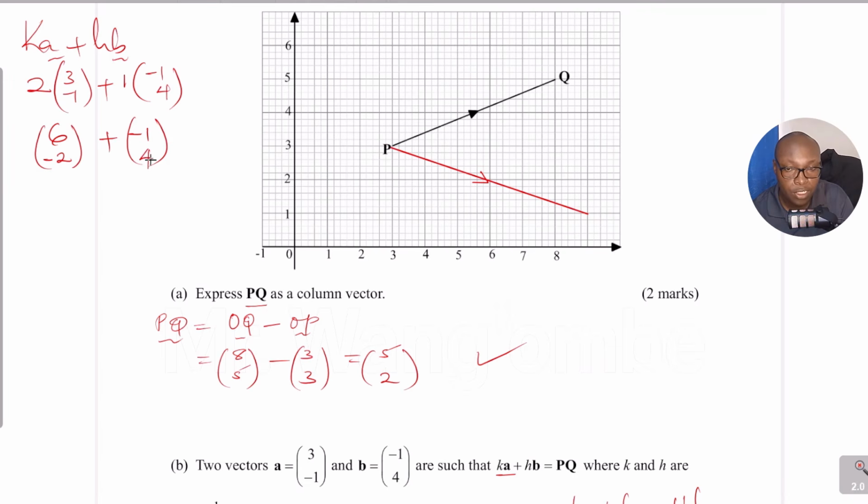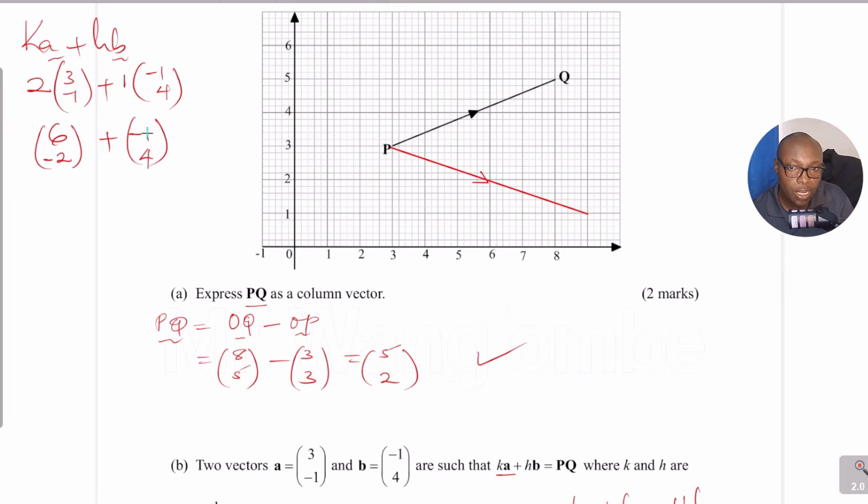Then the second one, displacement along the y-axis. You need to be very keen when you are adding these column vectors. The same applies to the other one, 6, -2. 6 is a displacement along the x-axis. If it is positive, the displacement is to the right. If it is negative, the displacement is to the left.